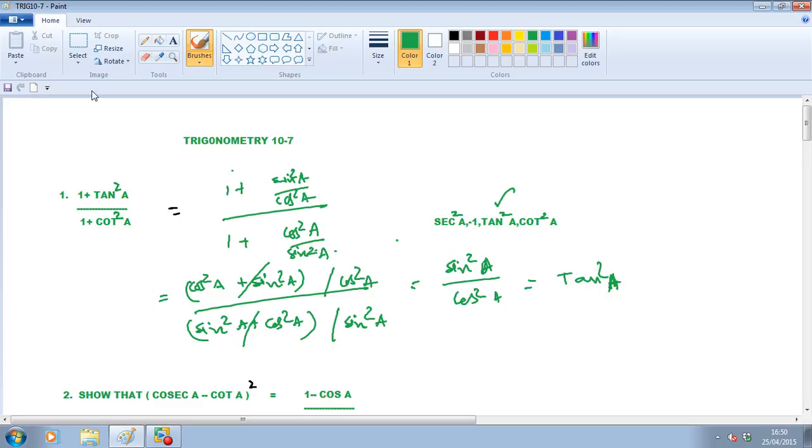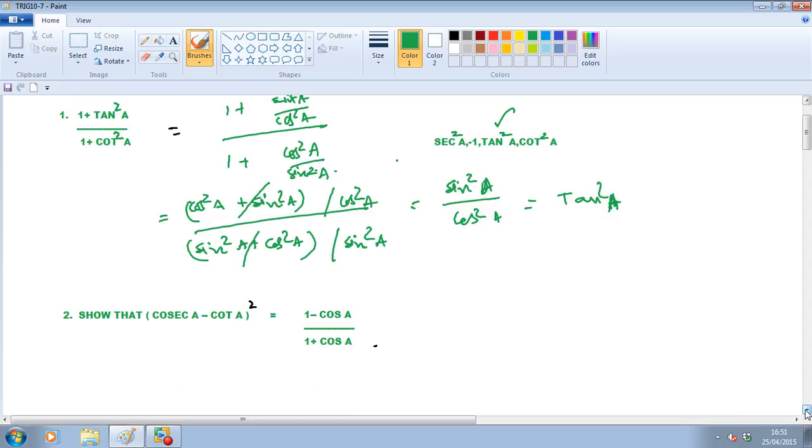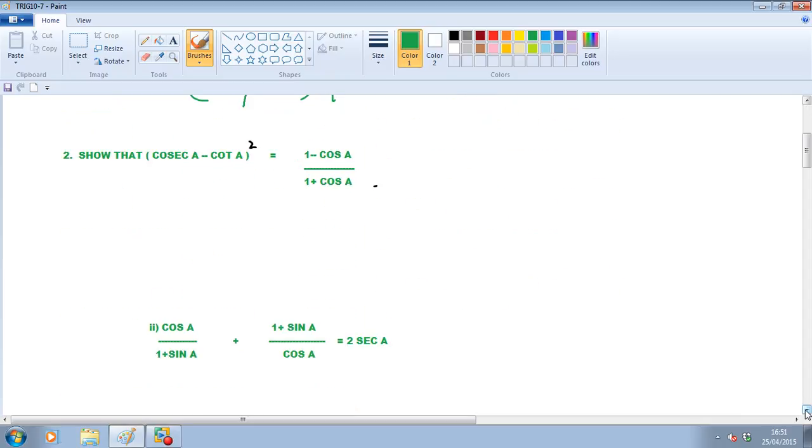So in many problems, the answer suggestions are given, so you have to bring it to a single form. You should try to use whatever formulas you already know. Now you know cos square theta plus sin square theta is equal to 1. In this case, both numerator and denominator get cancelled.